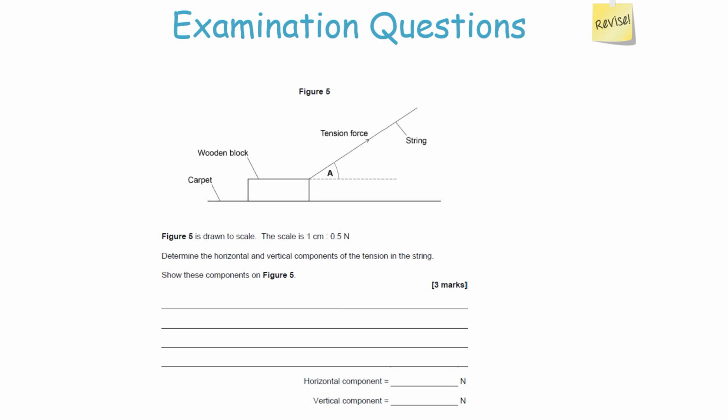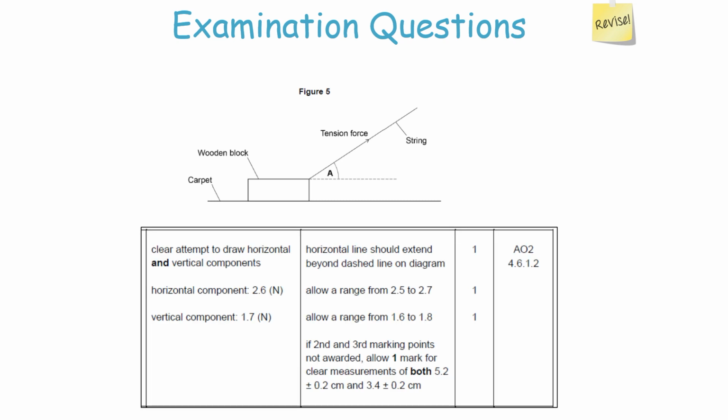Right, you've got to remember in scale diagrams that you can work out the horizontal and vertical components of a force by completing a right angle triangle with that force being the hypotenuse of your right angle triangle. So what you should be doing is drawing a vertical line at the end of the tension force downwards till it meets the dashed line, and then a horizontal line along the dashed line until it meets that line coming down from that vertical force.